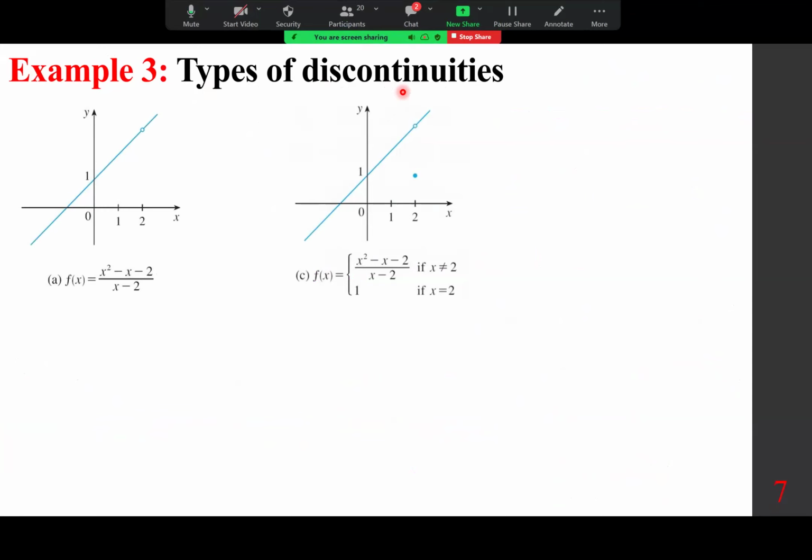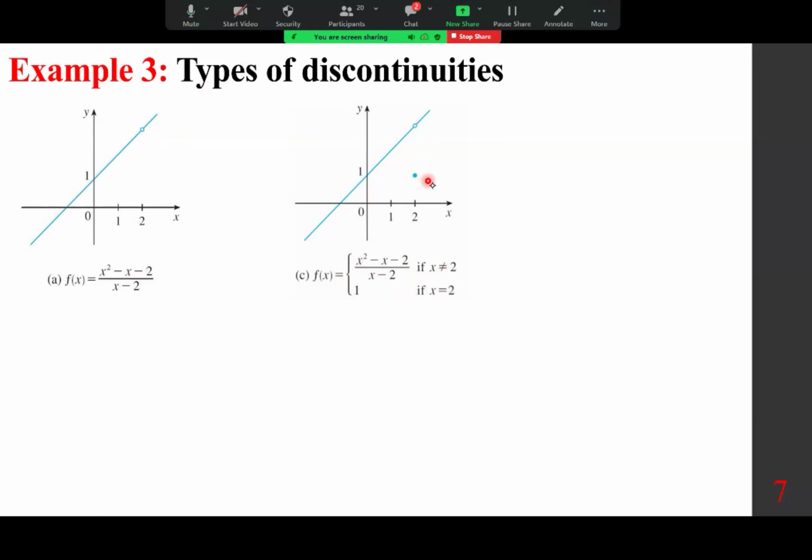Let's look at types of discontinuities. If you look at this function, there's a discontinuity here. You have a rational function, but when you graph it, you get a hole in a line. You have the same rational function, you have the same line, but at the same time, f of 2 is defined to be 1.